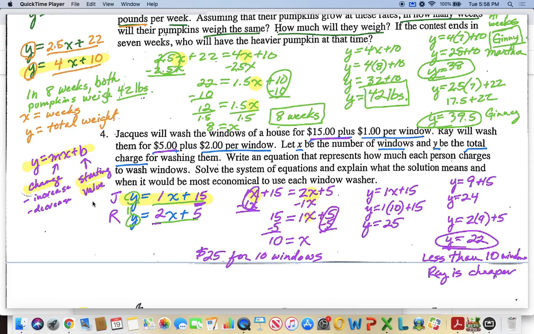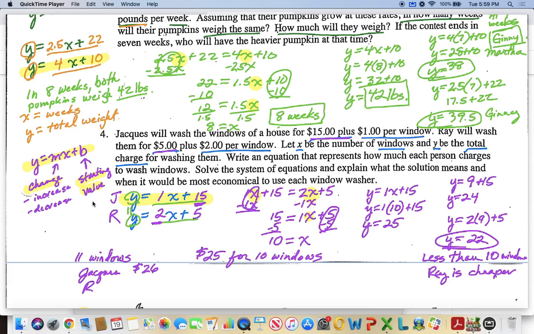But remember, Ray charges $2 per window. So if we go up a window, let's say 11 windows, we know it's $25 for 10 windows. For Jacques, we would add on one more window, and that would only be $26.